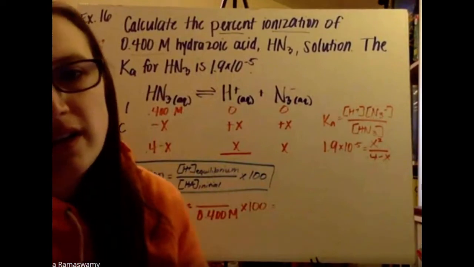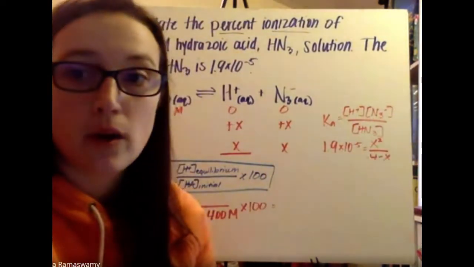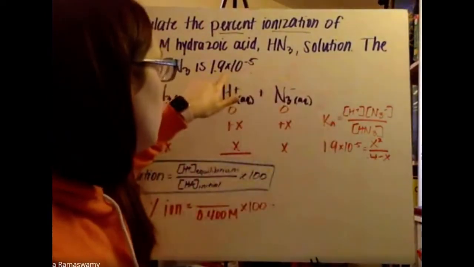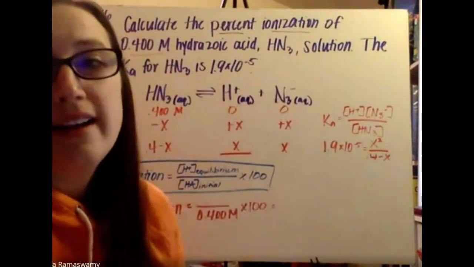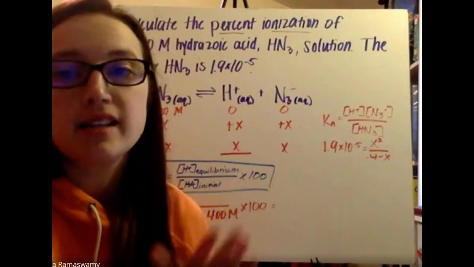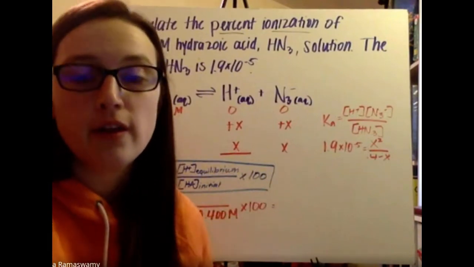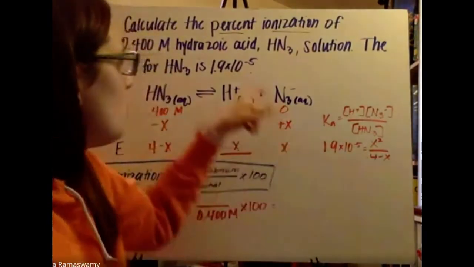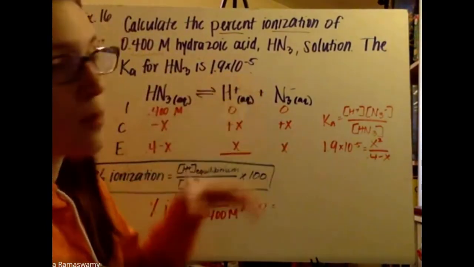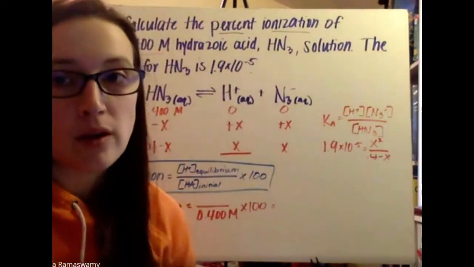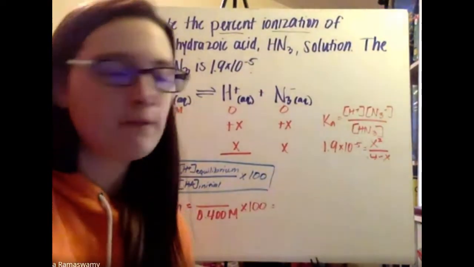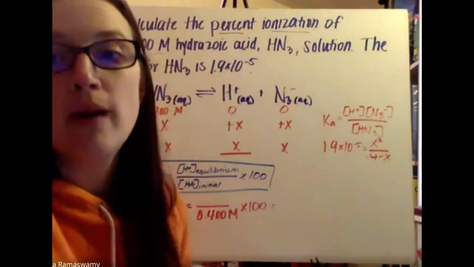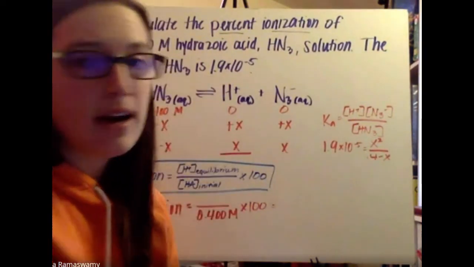Now remember, when you look at this, you're like, oh, this looks like the quadratic. But if K is smaller, if it's less than 1 times 10 to the negative fourth, we can neglect X. We can assume X is small. So since this is a smaller number than 1 times 10 to the negative fourth, right, negative 5 is less than negative 4, we're going to assume X is small. If you assume X is small, you have to write it down.